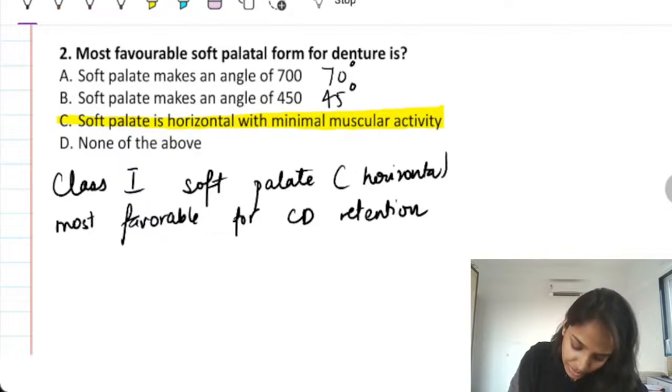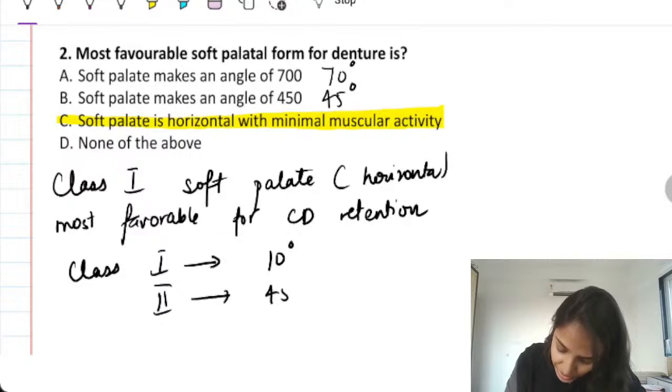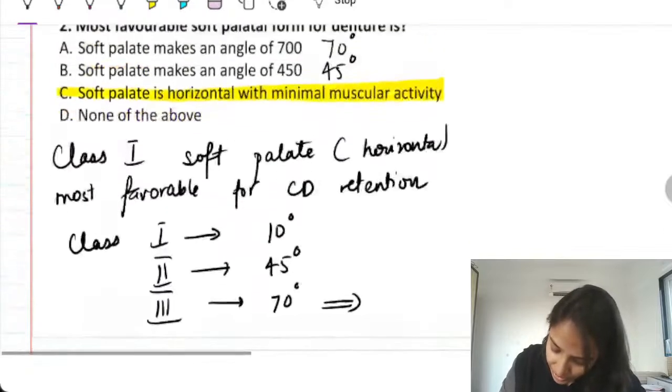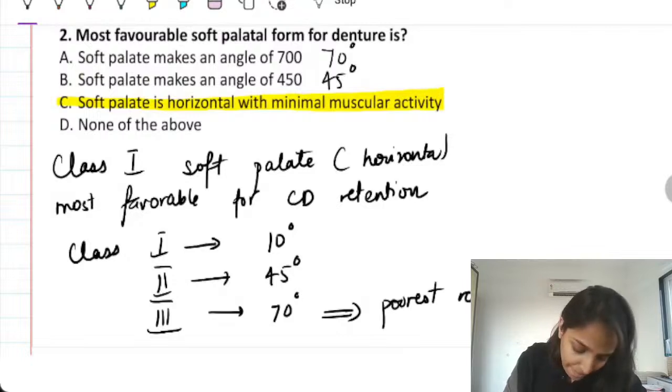This class 1 soft palate has an angle of 10 degrees, right? Class 2 has an angle of 45 degrees. Class 3 has an angle of 70 degrees. Class 3 will have the poorest retention of all of them, right?